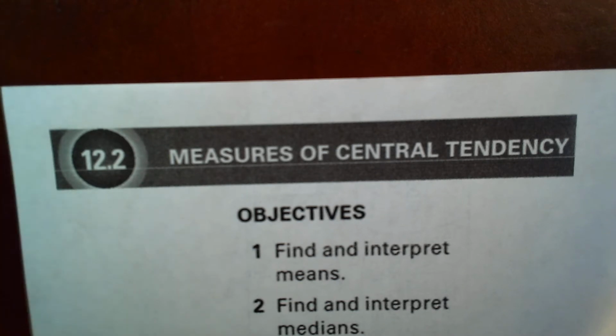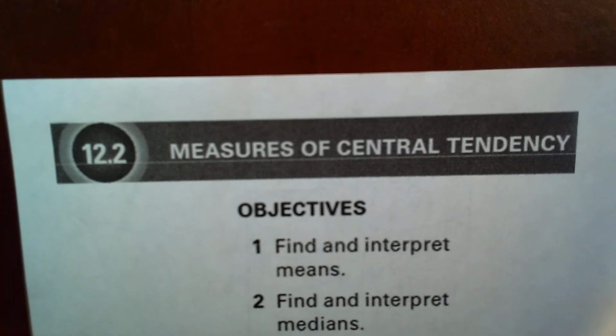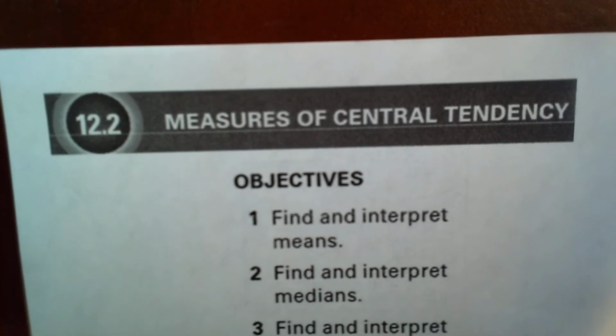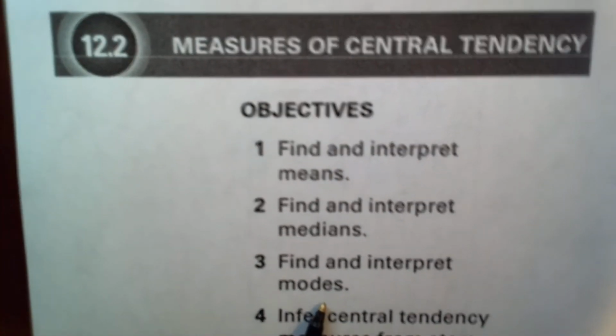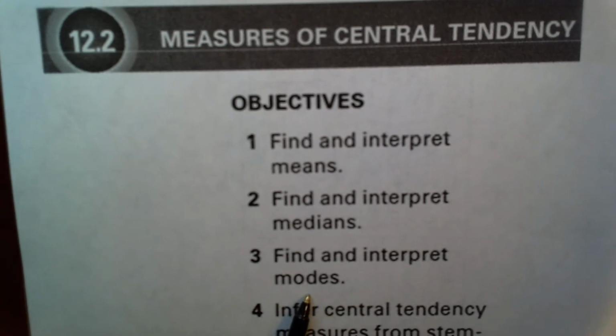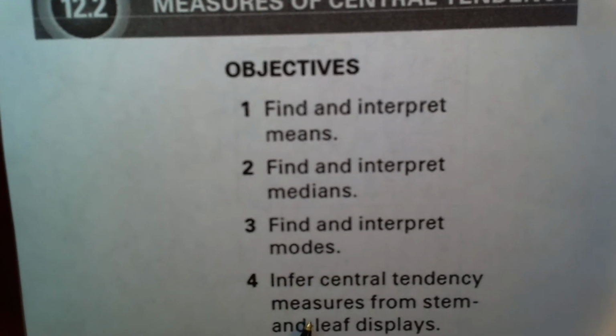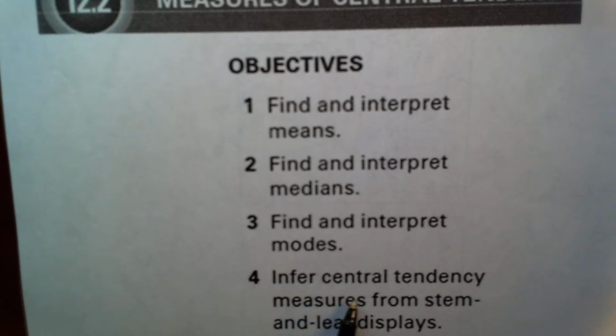And so the objectives in this section are about finding and interpreting the mean of a data set, then finding and interpreting medians, and finding and interpreting modes, and then applying this to infer central tendency measures from stem and leaf displays.